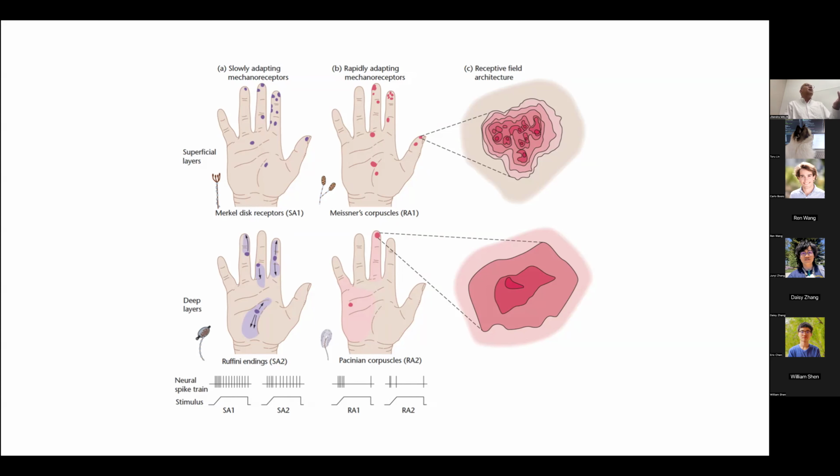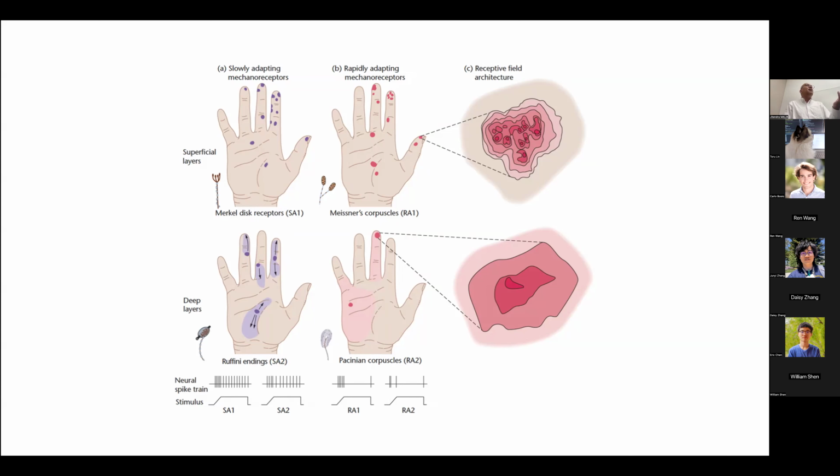So between these, there's this term SA and RA. What do you guess SA stands for? Slowly adapting, and RA is rapidly adapting. So which one should deal with fast changes? Rapidly adapting. Good. So our colleagues know how to name their systems well.